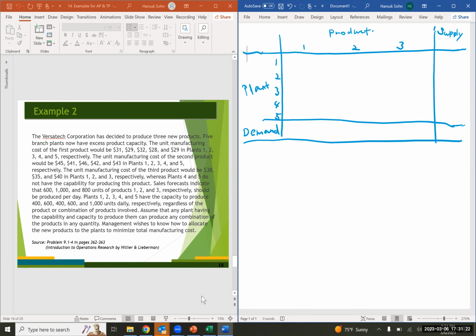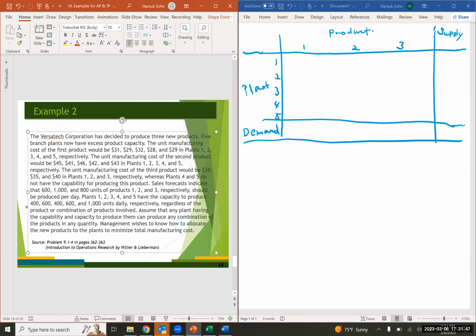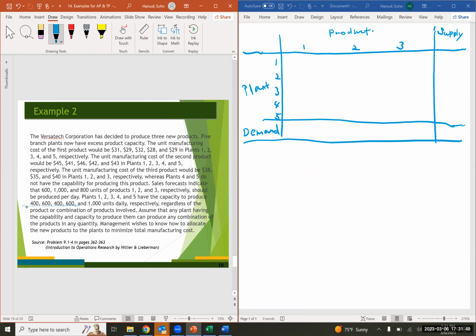So here, what is the supply amount then? According to the problem description, the daily production capacity for each plant is given as 400, 600, 400, 600, and 1,000 units, right?